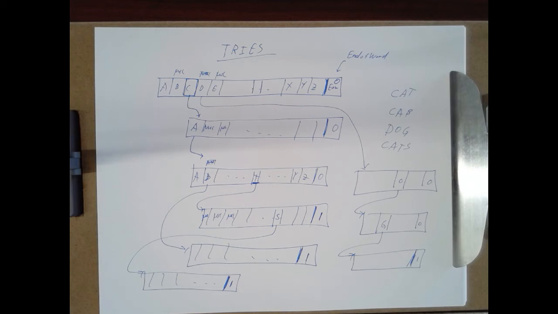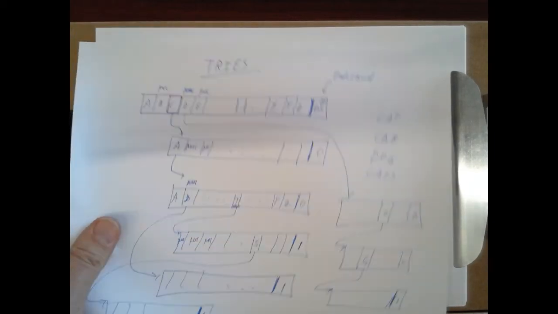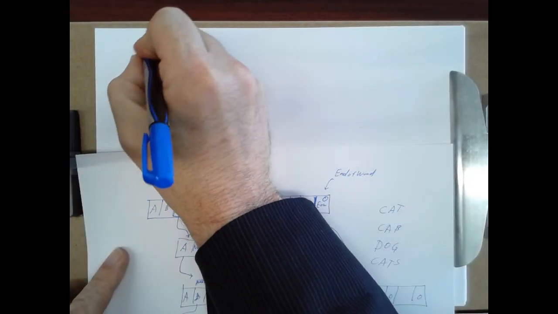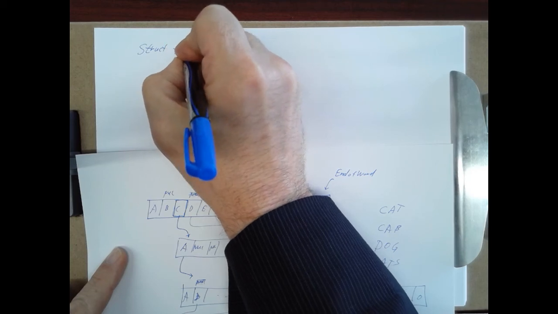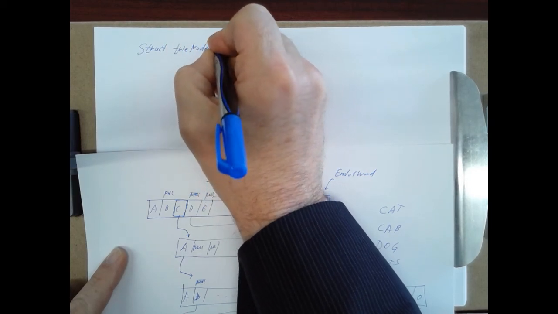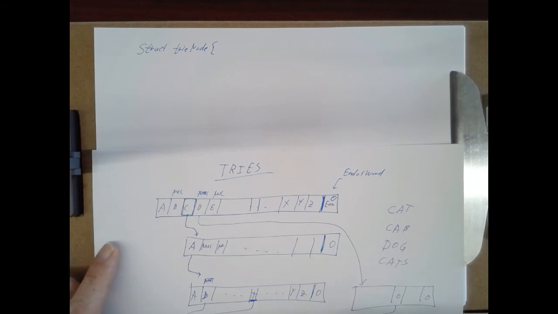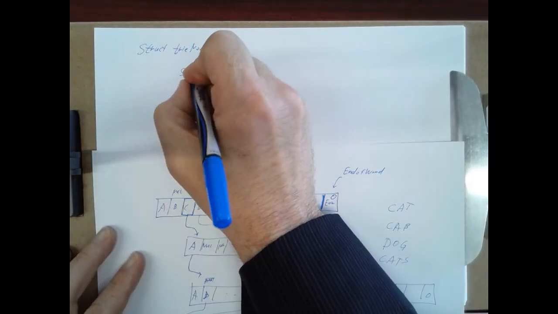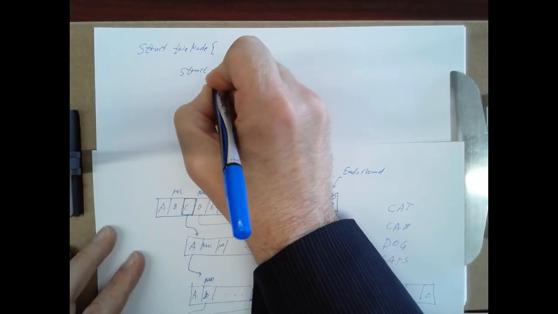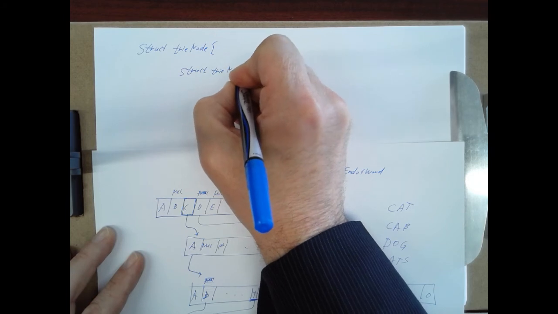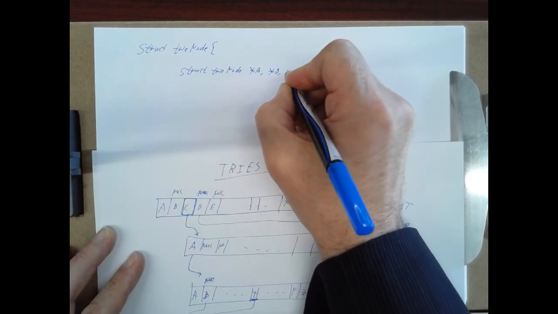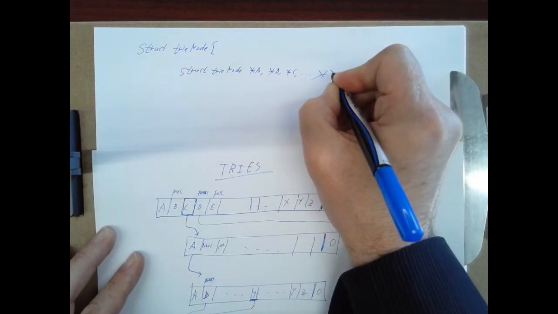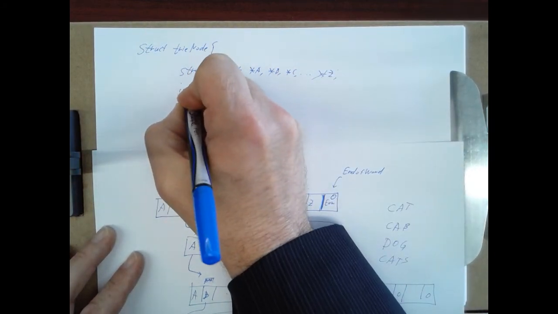So your node structure is a bunch of pointers, and an end of word flag.